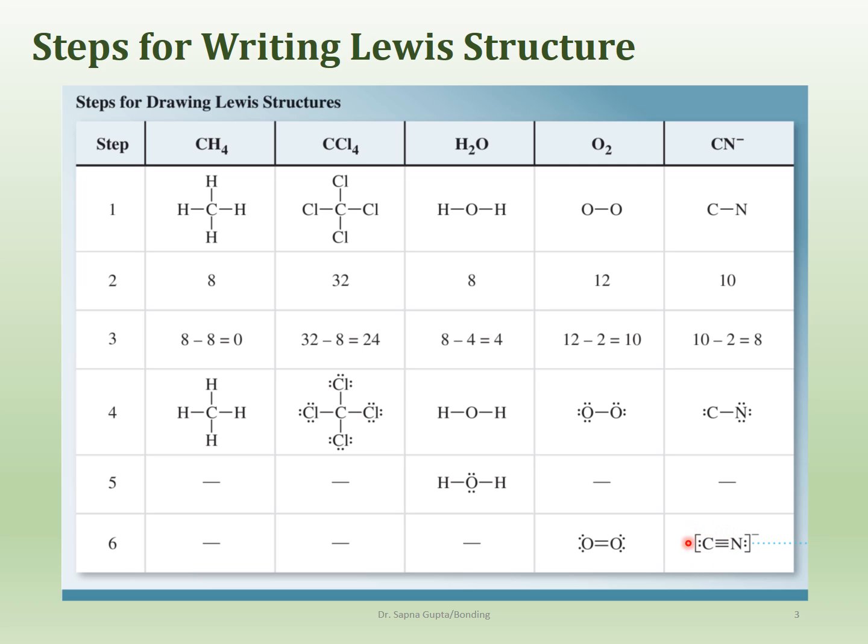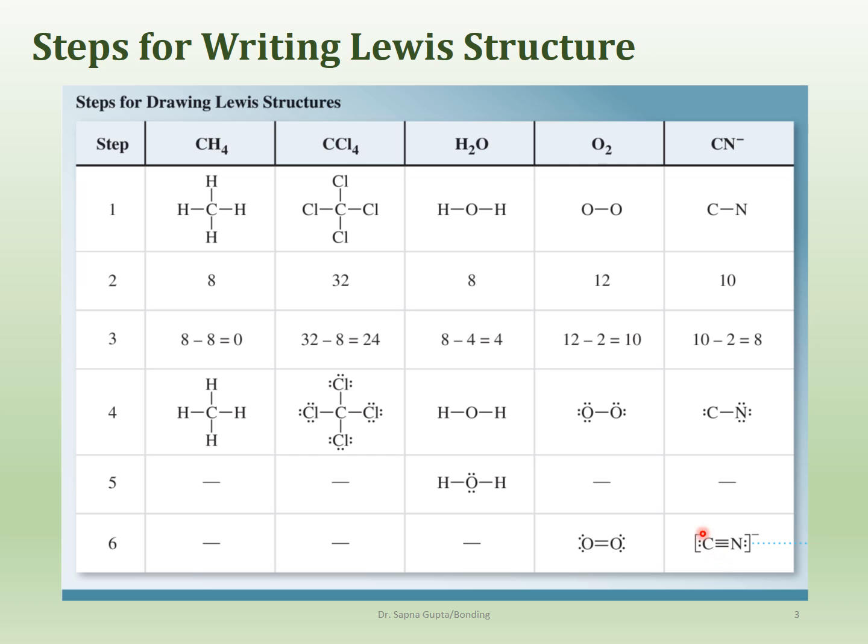Now carbon is happy because it's got 2 electrons over here and 1, 2, 3, so 6 electrons over here, so now we have 8 electrons. 3 pairs here, 1 pair here. Nitrogen is pretty happy also. So you can see that this structure where carbon and nitrogen are sharing more electrons is a lot more stable than what we had before with just one pair of electrons being shared.